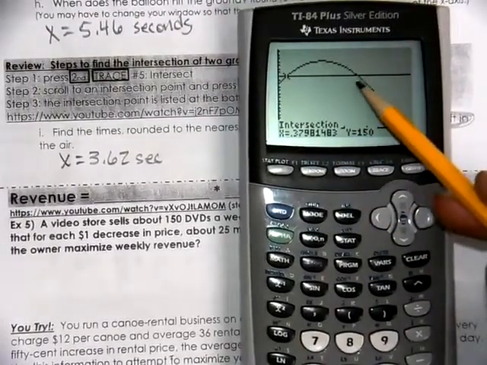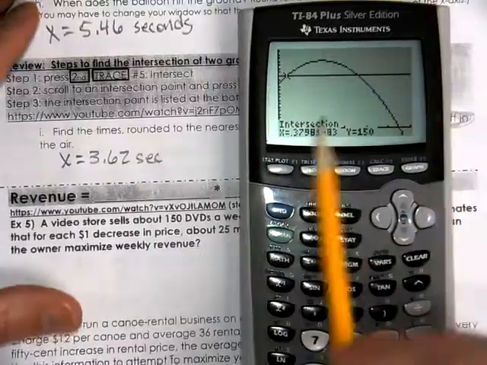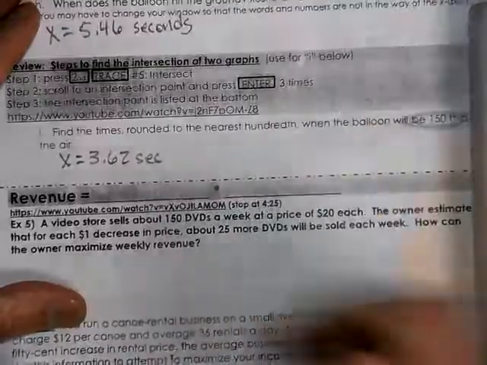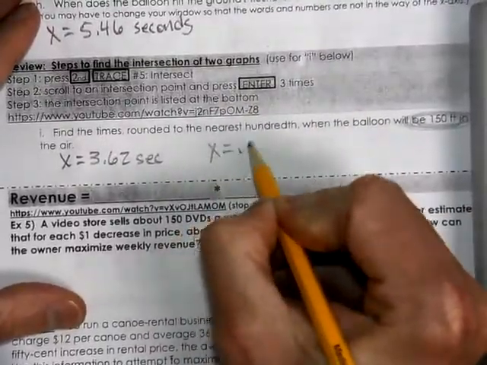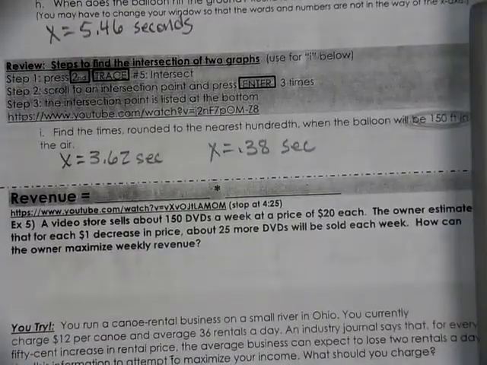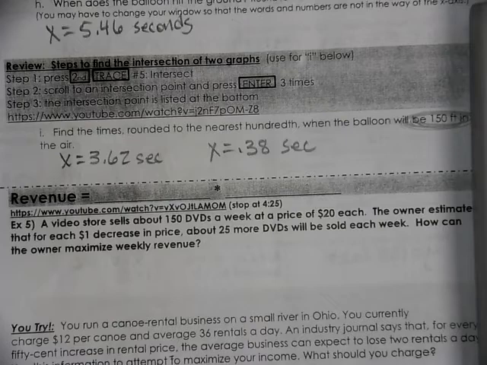Otherwise, you'll keep getting the same result every time. So we get 0.38 seconds.